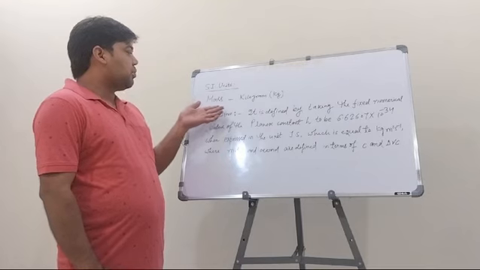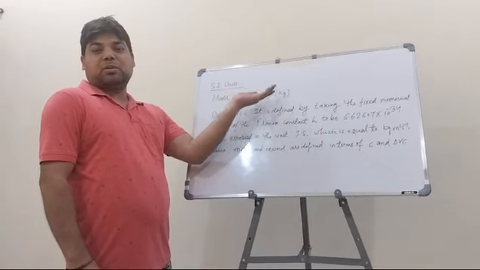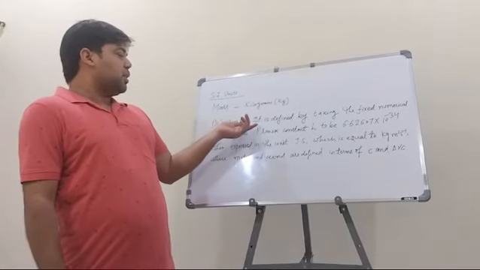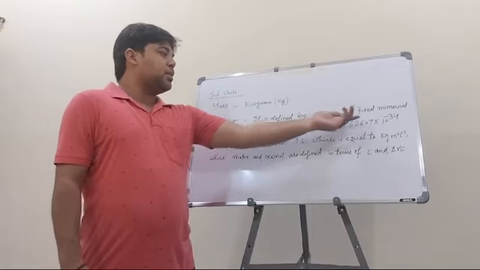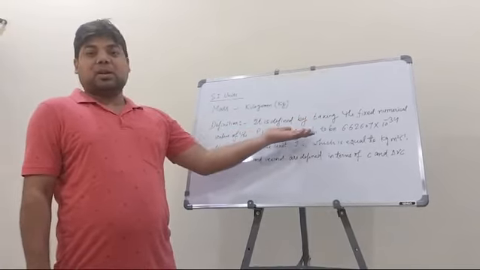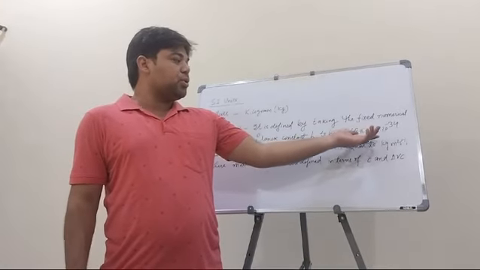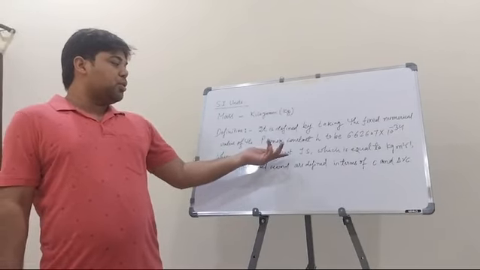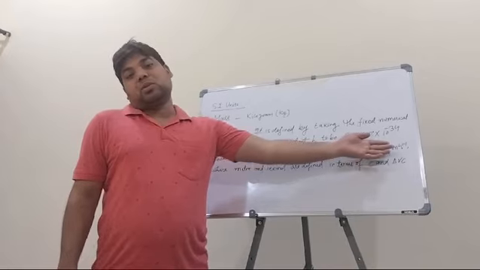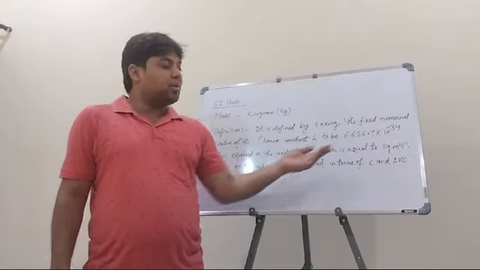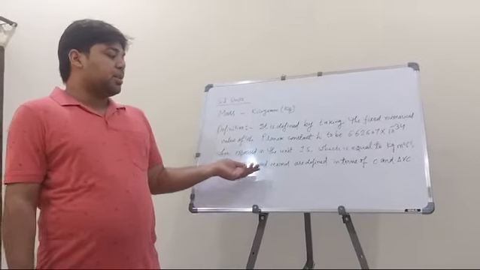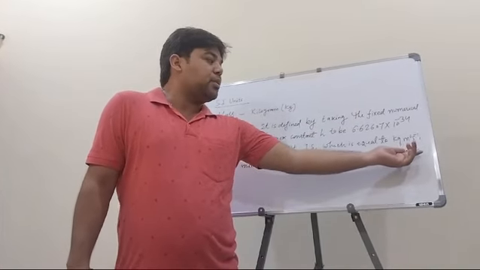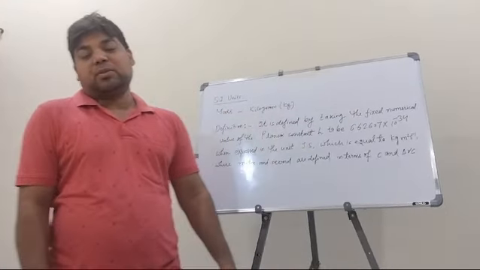So let us define the SI unit of mass, which is kilogram and represented as kg. It is defined by taking the fixed numerical value of the Planck constant h to be 6.62607 times 10 to the power minus 34 when expressed in the unit joule second, which is equal to kilogram meter square per second, where meter and second are defined in terms of the velocity of light c and the cesium frequency.